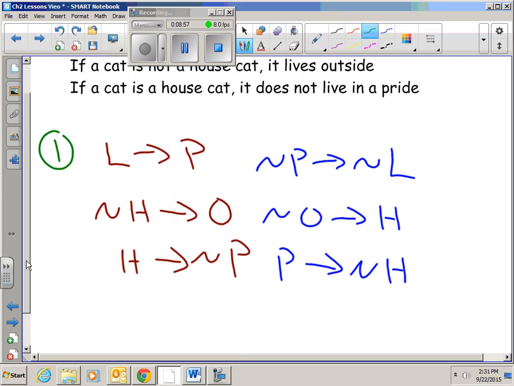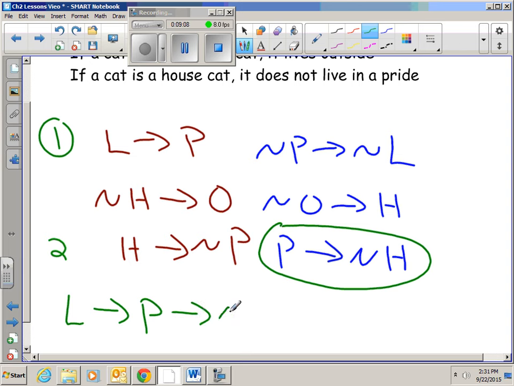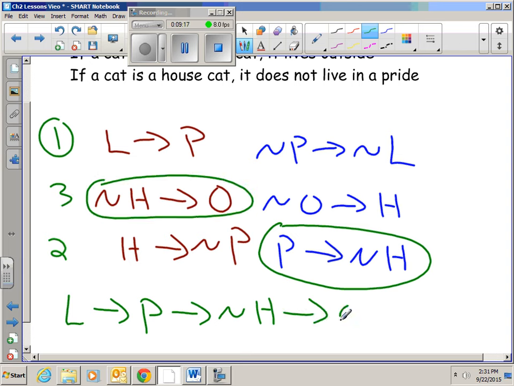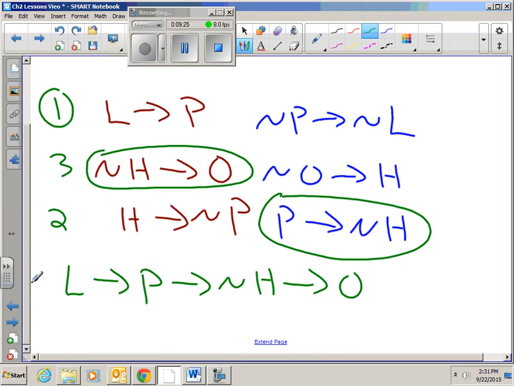So if L, then P. I'm going to go down here to 2, but over on this side, I'm going to say, if P, then not H. And then lastly, I'm going to go 3 right here, but go back to this side. If not H, then O. So I basically know if a cat is a lion, then it lives outside.